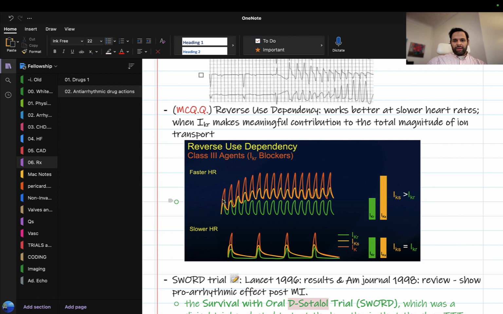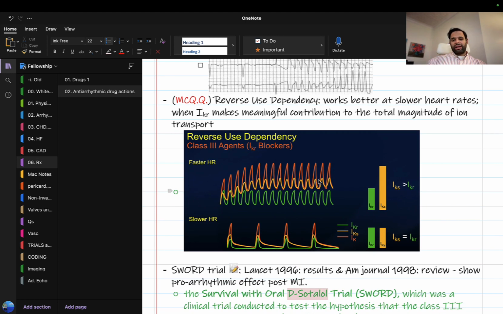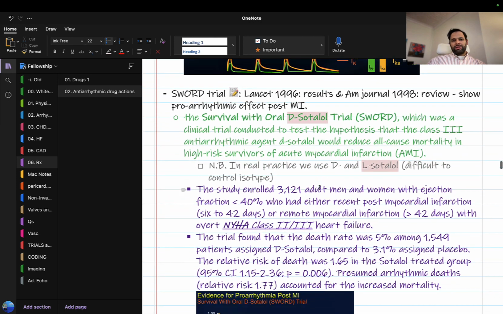And so you see, while the ion channels are being activated at certain rates, one channel will be more meaningful in terms of amplitude and will predominate the electrical action of the action potential, and that's why blocking it at that rate will have the biggest antiarrhythmic action from the antiarrhythmic medication and will explain the proarrhythmic action of these medications. So let's talk about the SWORD trial.